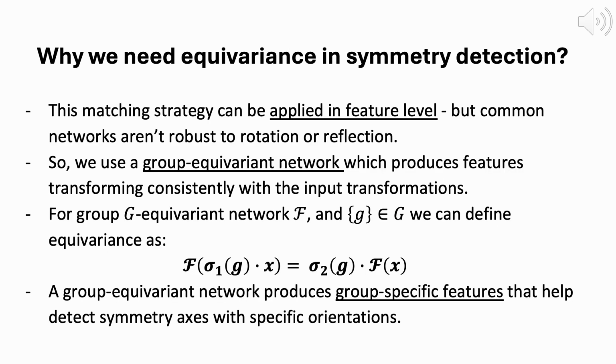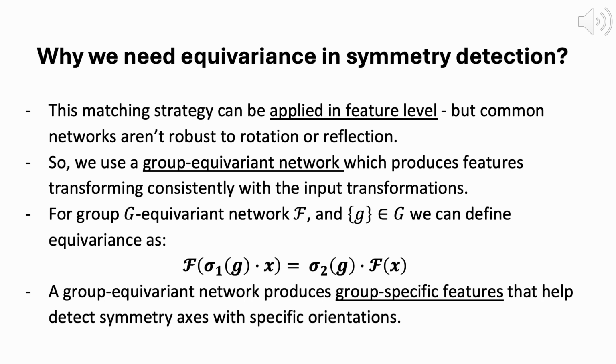This matching strategy can also be applied at the feature level. However, common neural networks are not robust to rotation or reflection. To address this, we use a group-equivariant network, which produces features that transform consistently with the input transformations.